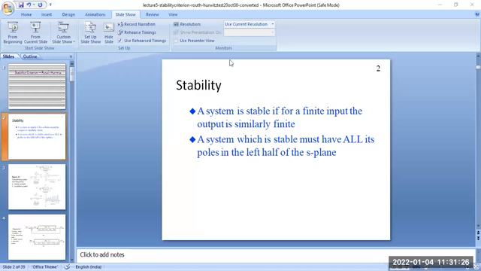Just wait one minute. Okay, is my slide visible, everyone?